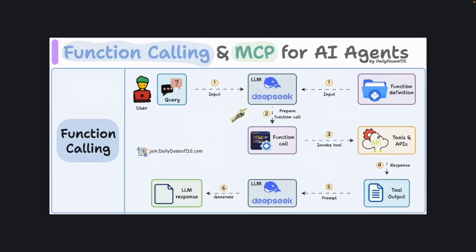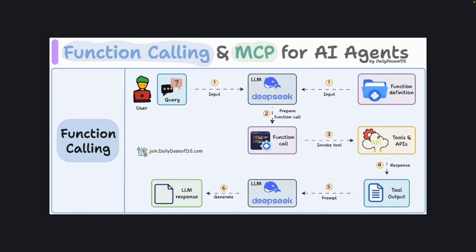If a function call is needed, the LLM returns an action indicating which function to call and with what parameters. The actual function, tool, or API is then invoked by your application. Just to note, it's not invoked by the LLM itself. The result is passed back to the LLM, which uses it to generate the final response for the user.